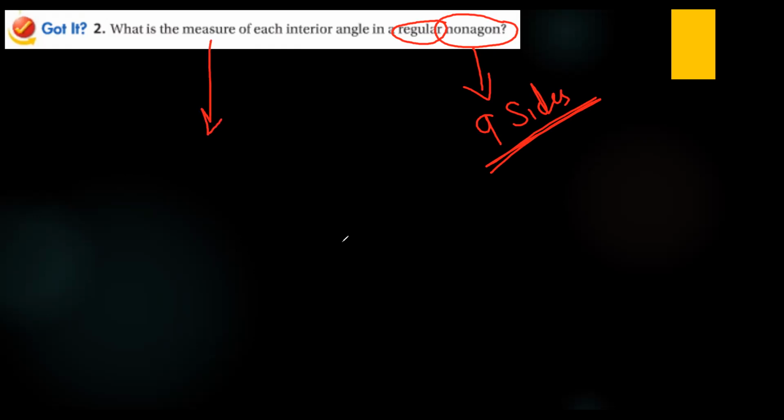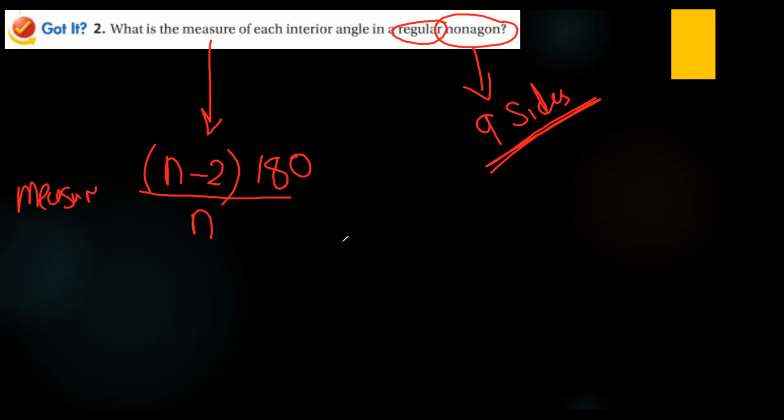The measure of the angle will be n minus 2 times 180 over n. This is the formula that I have to use in order to find the measure of the angle. Now where is n? It is 9.